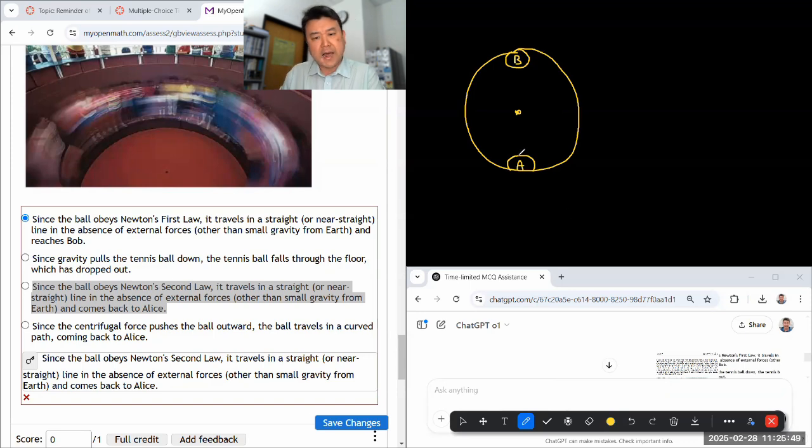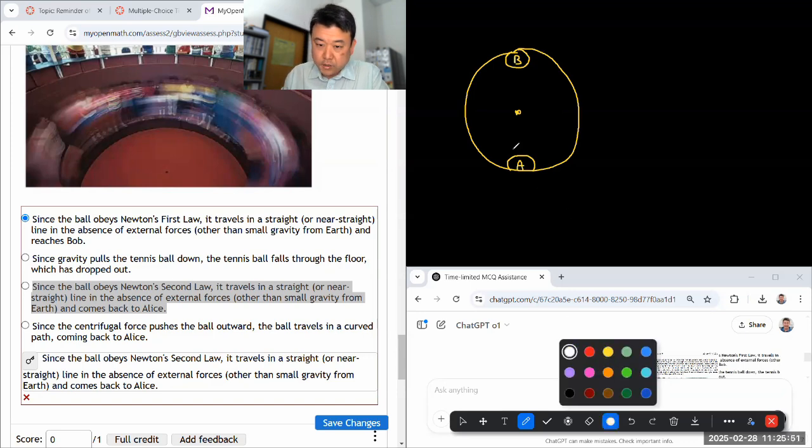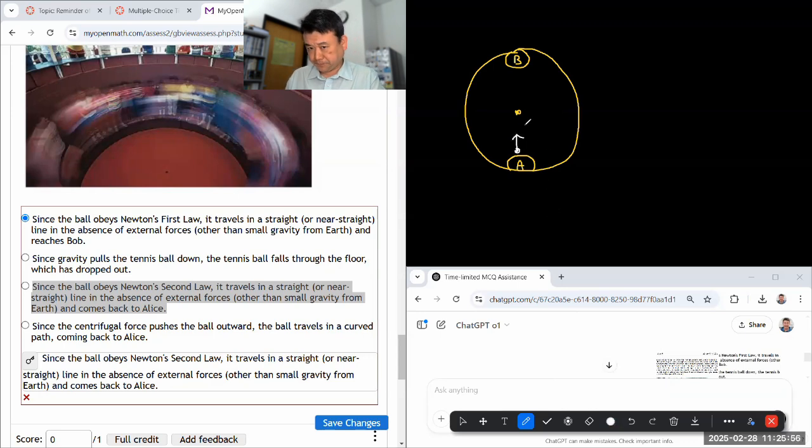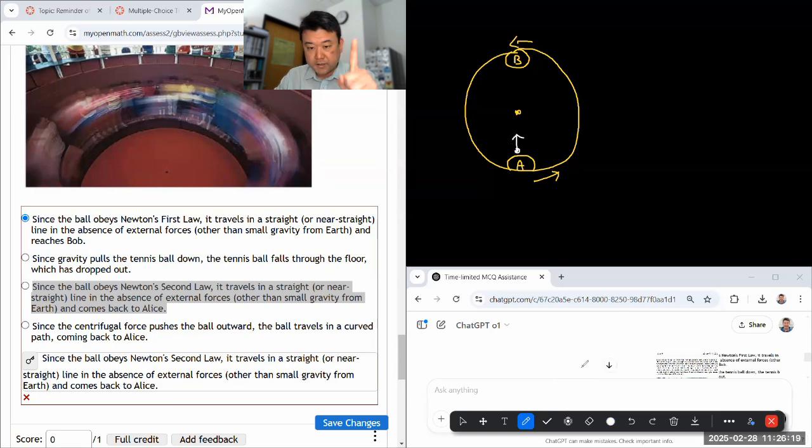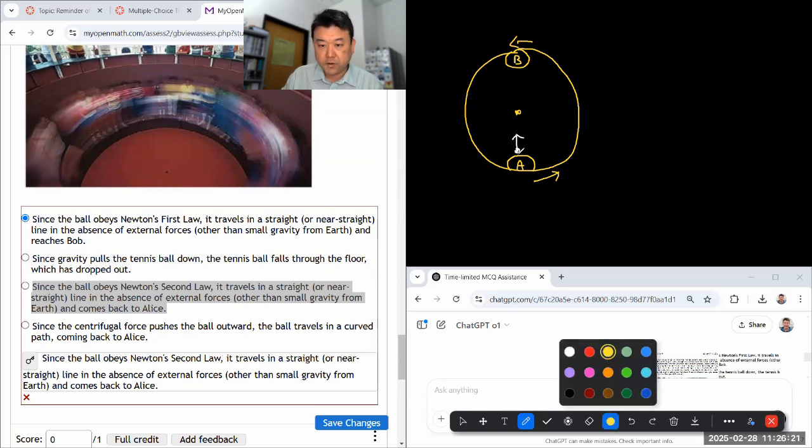And first, when we say Alice is throwing the ball towards Bob, as in trying to aim it at the center, the first thing to realize is that because this whole thing is spinning, there's an inherited velocity of the ball. So if Alice is trying to actually aim it at the center, she should be throwing it in something like this direction to cancel out the inherited velocity, which I will be drawing right now.